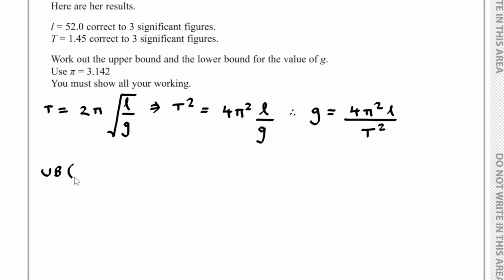The upper bound of L is 52.05, because this was rounded, and the lower bound of L is 51.95.